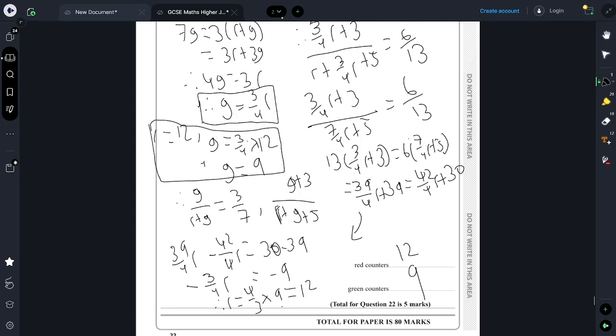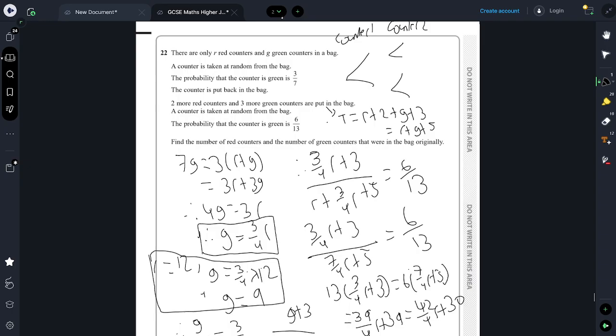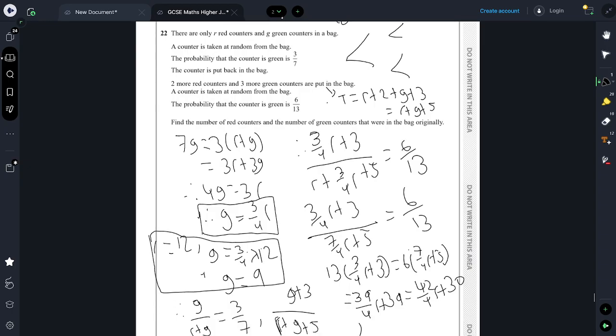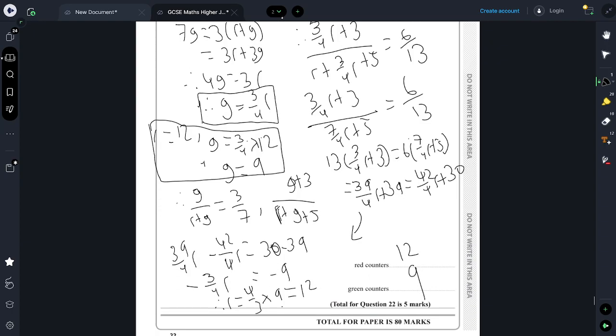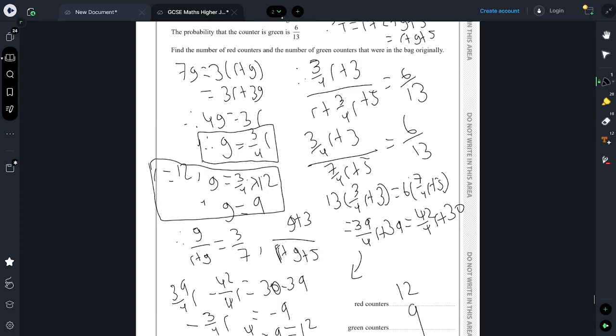Yeah, so it's an interesting question. It really is. This question really tests your algebra skills. This is for those grade 9 students. If you want a good test of your algebra skills, this question is a good one to do.